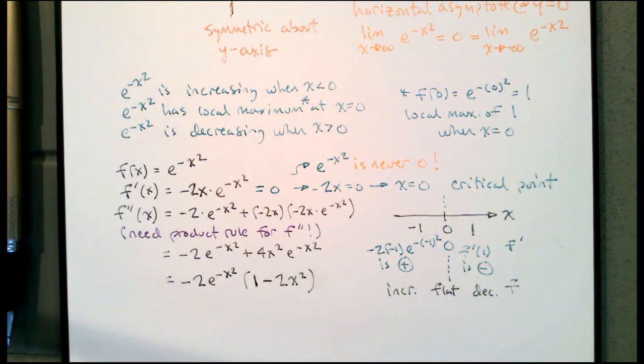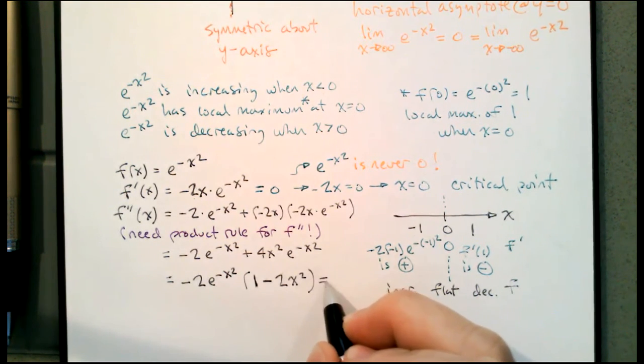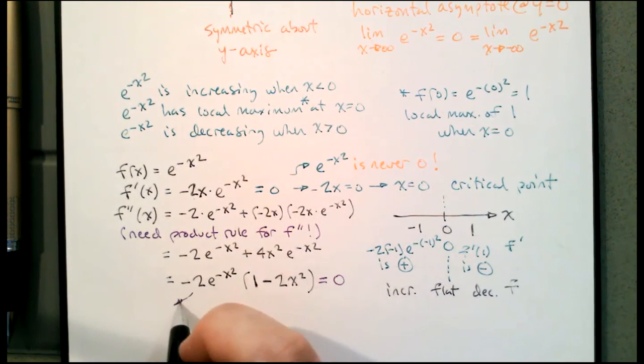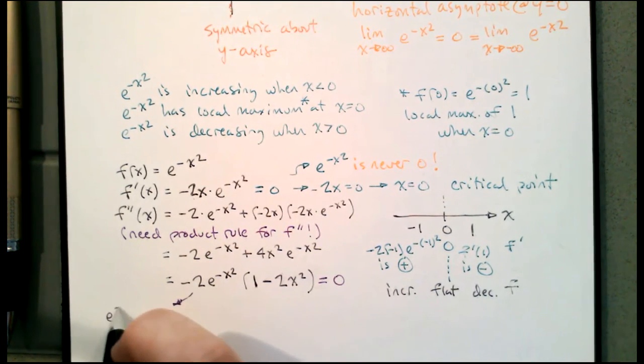If we're looking for inflection points, and we are, if we set the second derivative equal to 0, we can see that we're going to get the 2 inflection points. So if we set the second derivative equal to 0, e to the negative x squared is never 0.